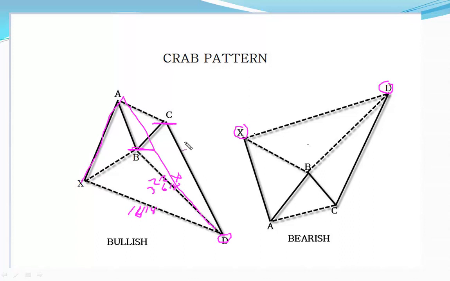So the crab pattern has a much elongated swing down into your D area, and there is that type of structure. It's just not as common as the other patterns that you see out there.